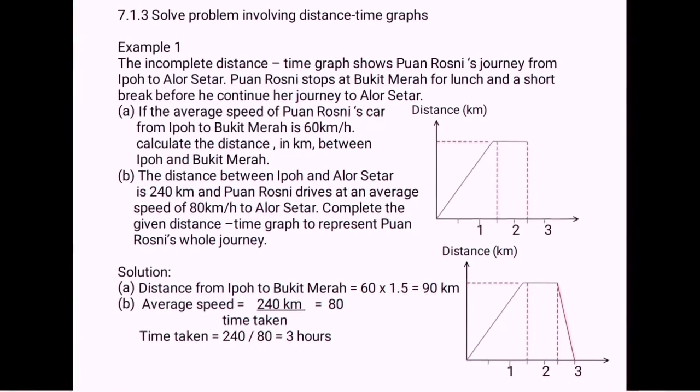Okay, today you will learn 7.1.3, solve problems involving distance-time graphs. Example 1. The incomplete distance-time graph shows Puan Rosni's journey from Ipoh to Alor Setar. Puan Rosni stops at Bukit Merah for lunch and a short break before she continued her journey to Alor Setar.